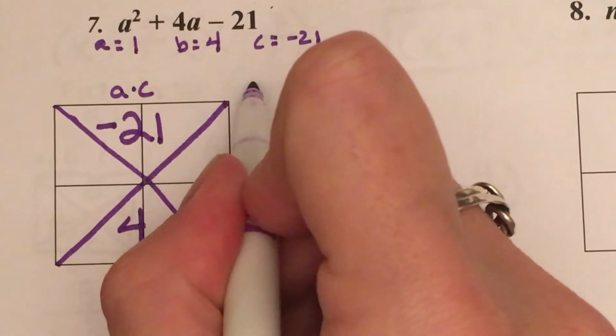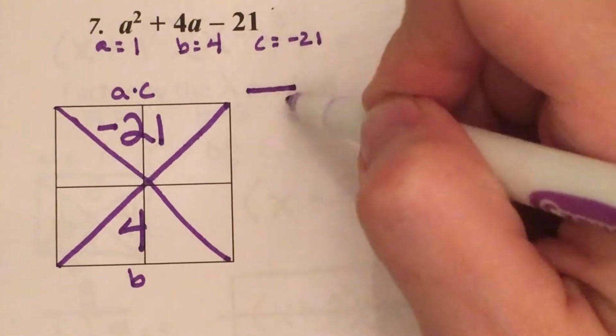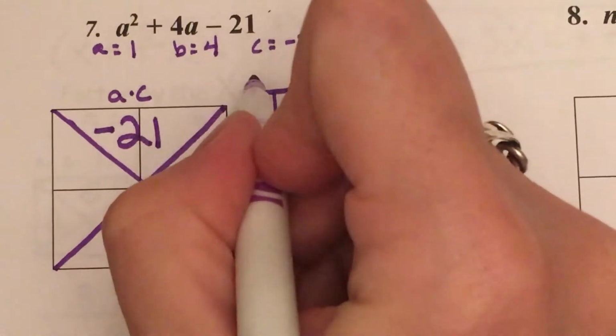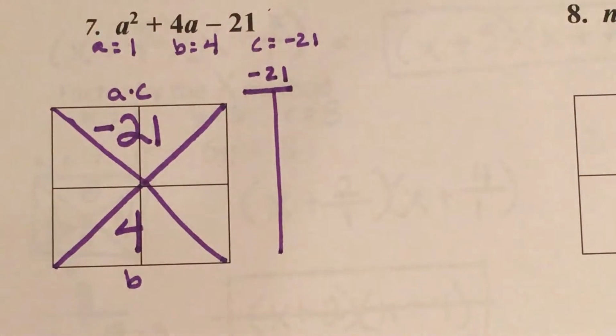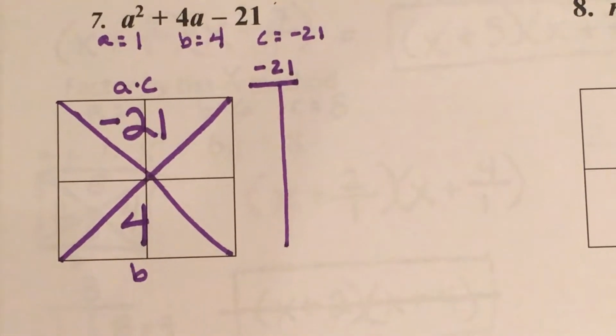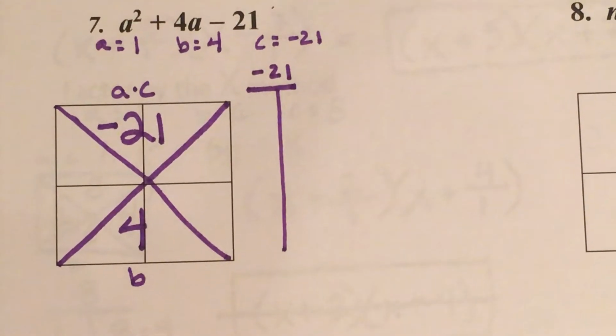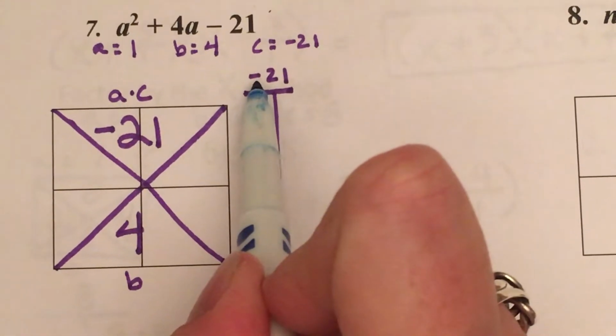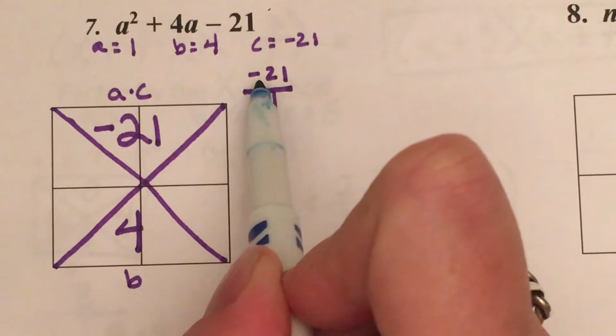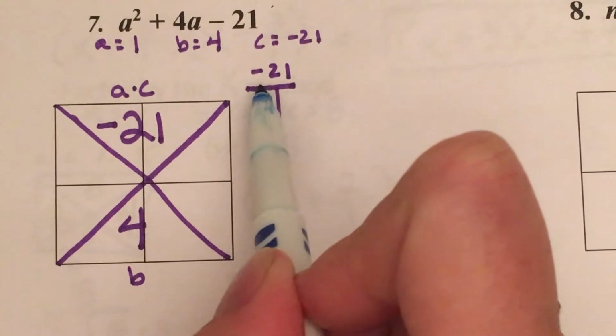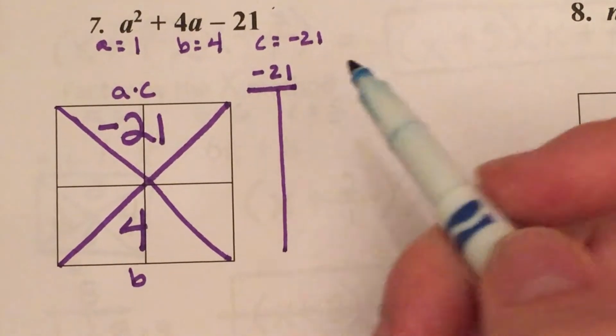So my t-table is negative 21. And this time, since this is negative, one of these numbers needs to be a positive, the other one needs to be a negative. Let's go check this out.